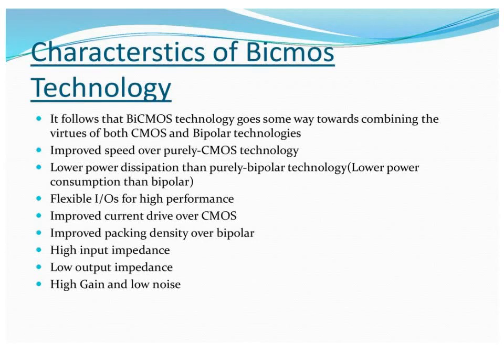Now, combining these characteristics, BiCMOS technology possesses some notable properties like improved speed over purely CMOS technology, lower power dissipation than purely bipolar technology, improved current drive over CMOS, improved packing density over bipolar, high gain and low noise.